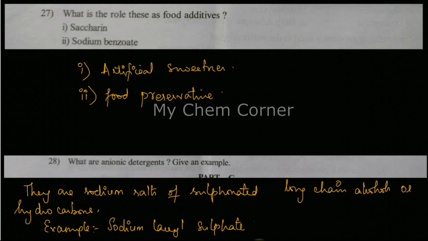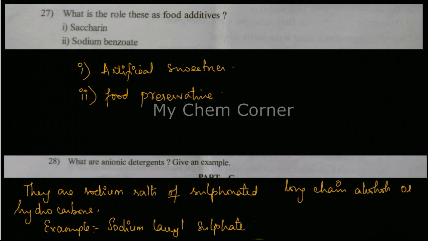Alright, so that is with part B, where we had around 8 questions and you're supposed to answer any 4. It is a mixture of organic and inorganic and physical chemistry questions.